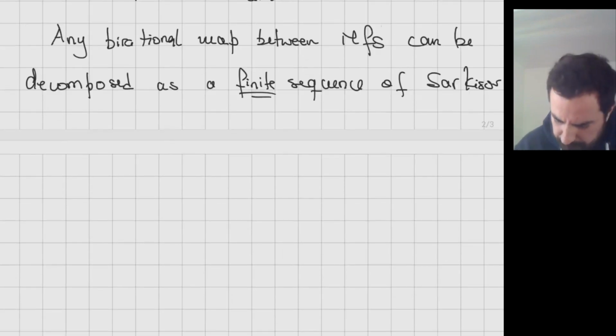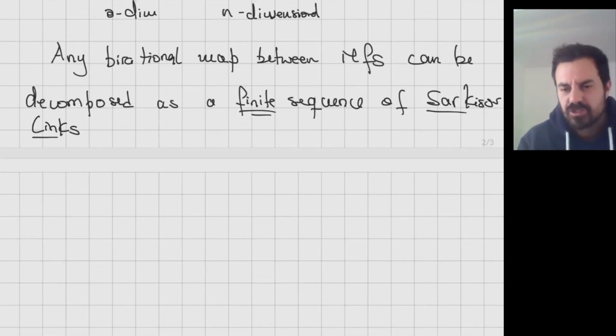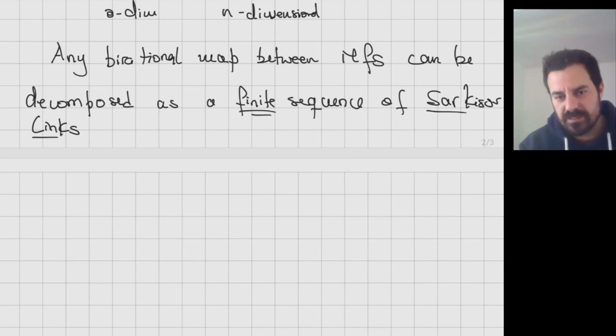Okay. So the point is, to study the relations between two birational Mori fiber spaces, we have to understand Sarkisov links between them. So this is where the title comes from.